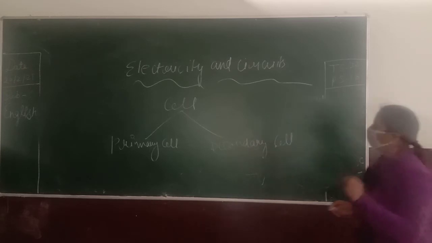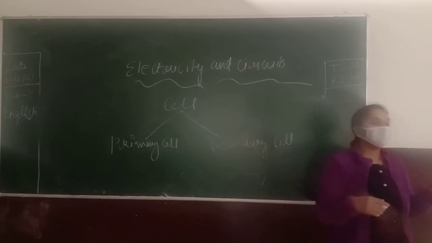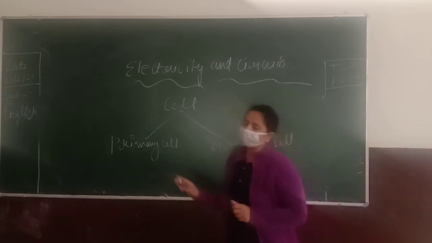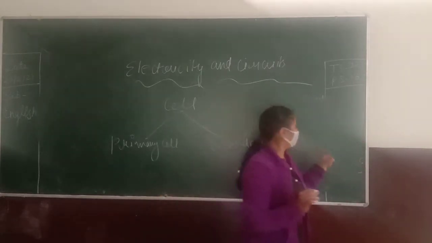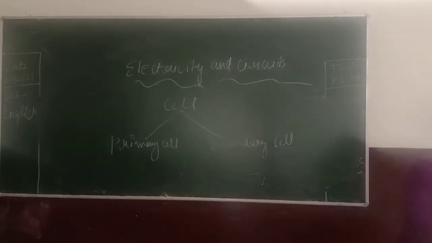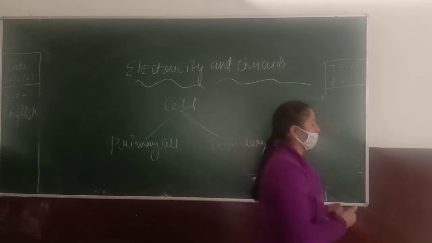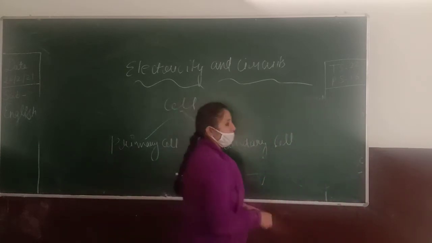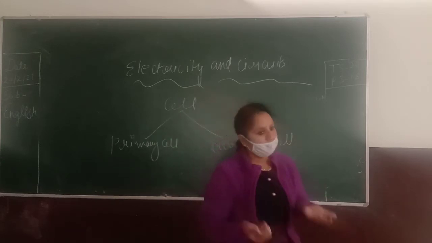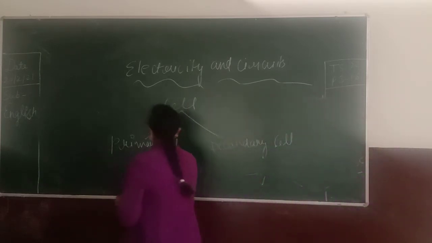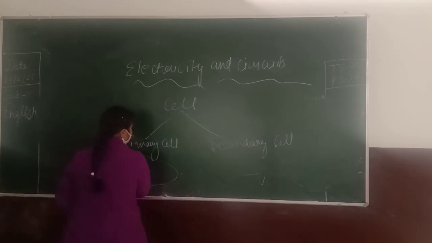Primary cells are the cells which are used once and cannot be used after that. The cells that can be used only once are called primary cells. When they are used up, they are not used again. You cannot use them again after using them once.